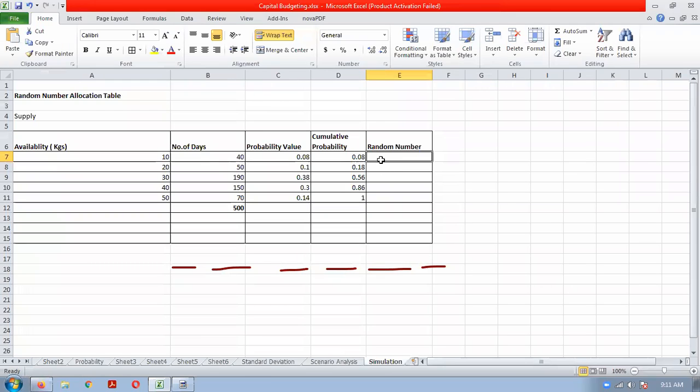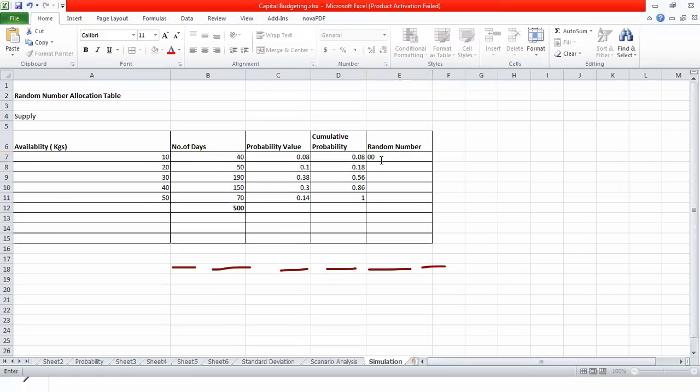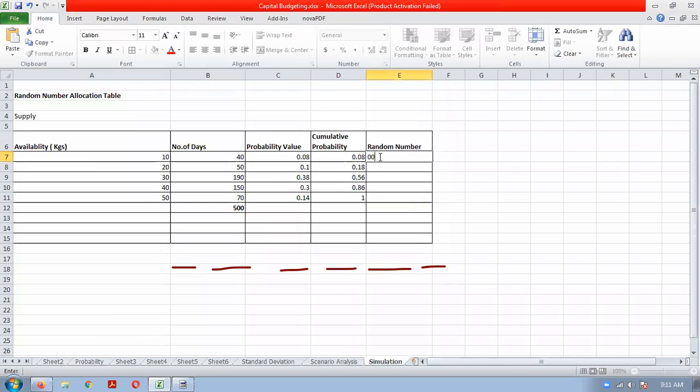So what we will do, we will start from 00.